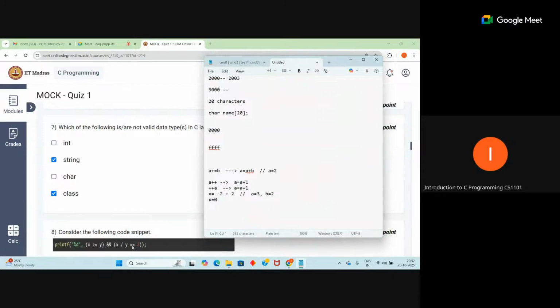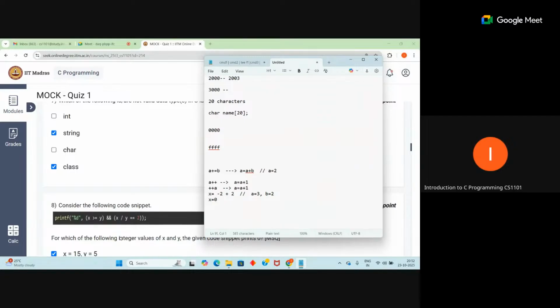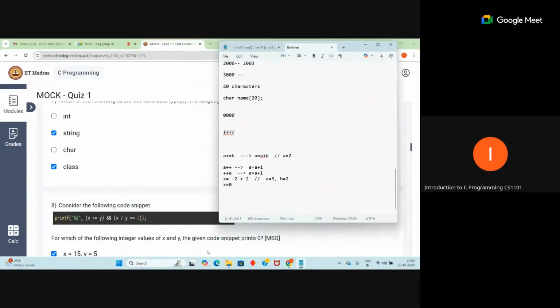Okay. So how AND will work is, when both conditions are true, this is one condition, this is another condition, then AND will return true. AND of these two conditions will return true. Otherwise, it will return false. Okay. So for which of the following integer values of x and y does the given code snippet print 0? 0 means false.